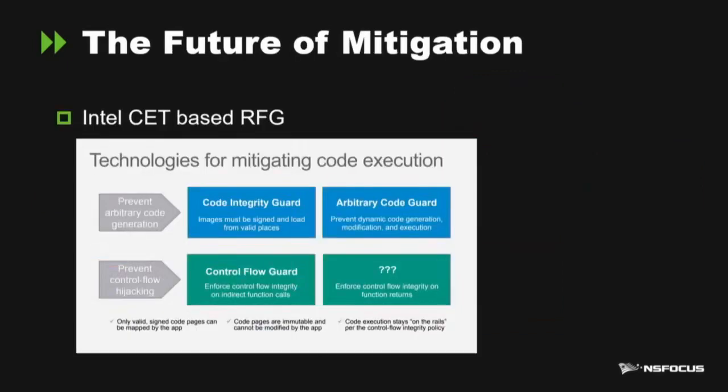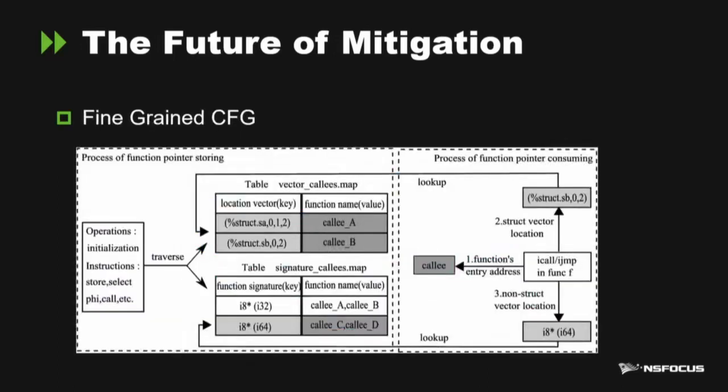So this is the second problem of the current mitigation. Okay, let's see the future of mitigations. First, as I have talked about, there will be the Intel CET-based RFG. This is a hardware-based RFG. Since this mitigation is not released yet, we don't know much detail, so I will not talk much about that.